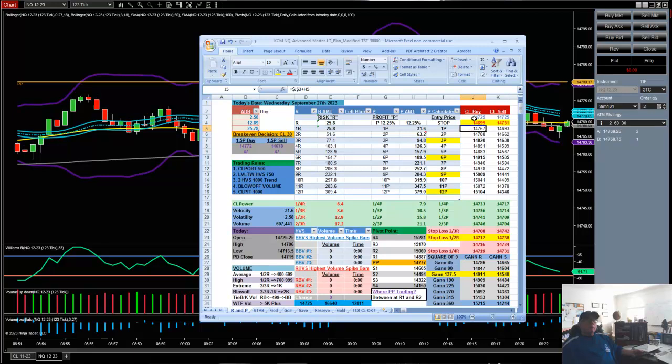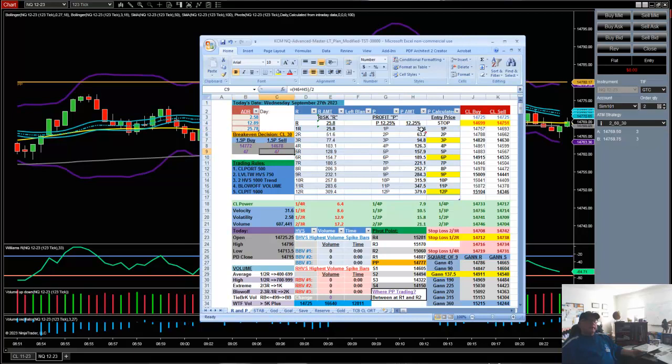I mean 7.5 points away, excuse me. 14,725, his stop should be. I'm running with 30, but it's based on that stop there. So yeah, the spreadsheet needs to be fixed.